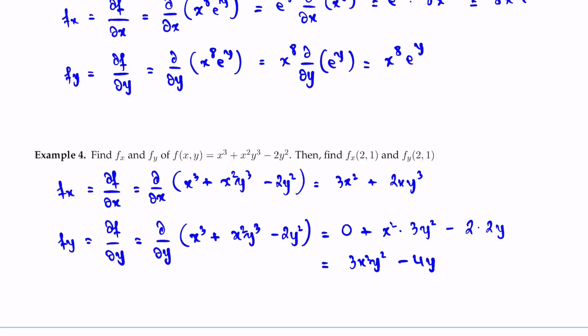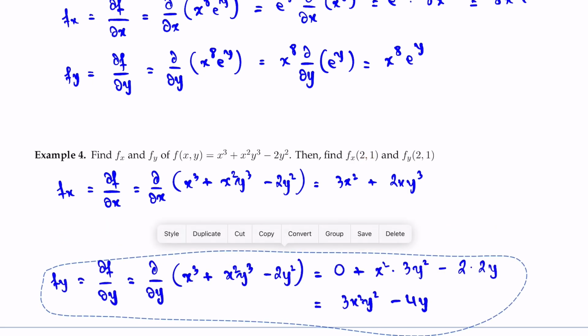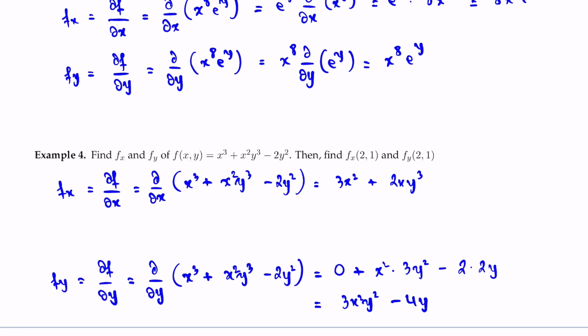So these results are just the partial derivatives with respect to x and with respect to y. Now you need to evaluate the partial derivative at the given point (2, 1). So you get f sub x of (2, 1).